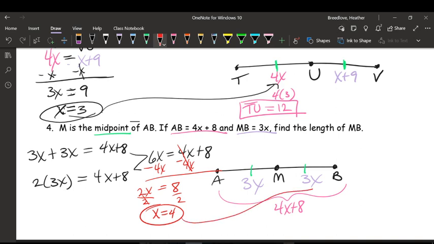So that is a 3x, right? So 3 times x, but x is 4. 3 times x, so it's 12. So 12 equals MB. Change that to red.